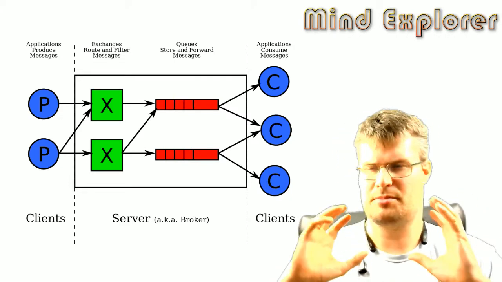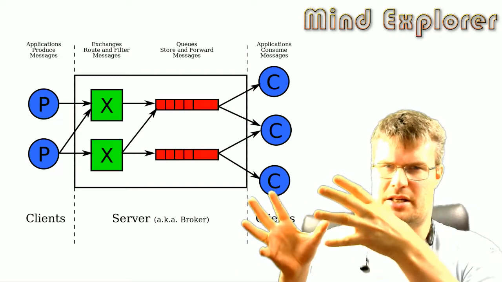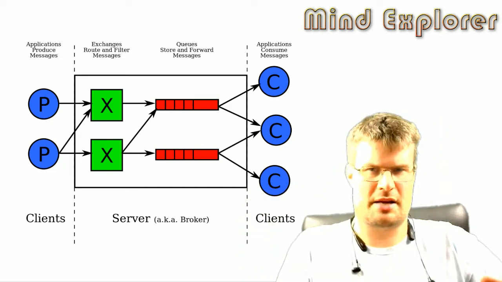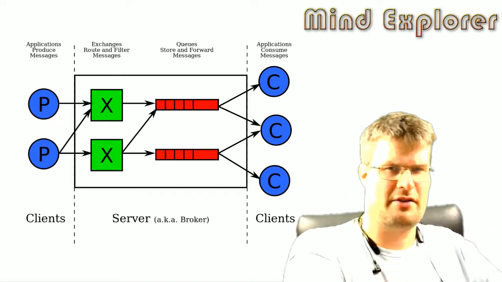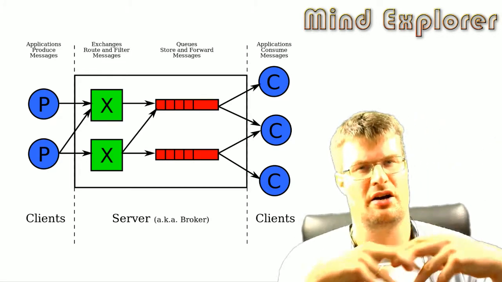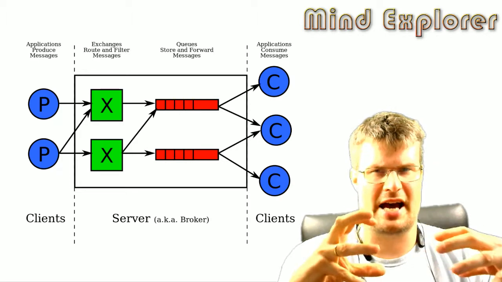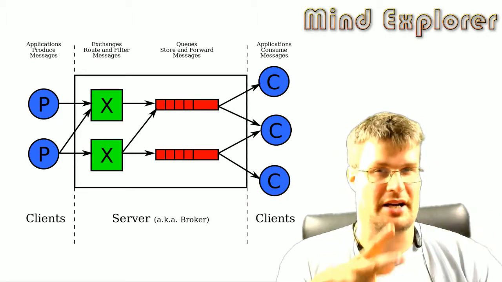So you have some sort of producer that creates messages, sends them into the system, they are filtered, queued, and then you have a consumer that actually fetches the message and does some kind of work.